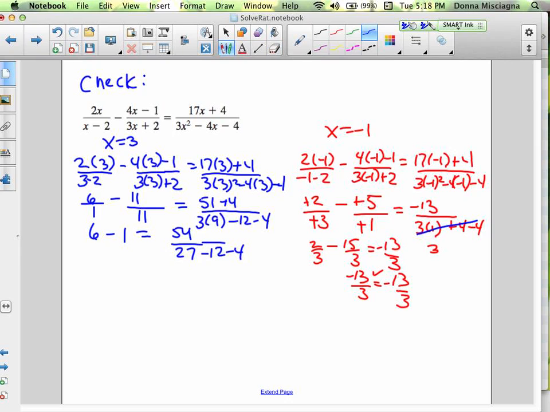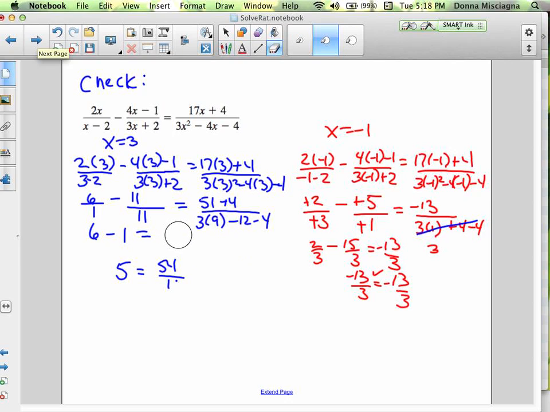So on the left-hand side, that's 5 equals 54 divided by, all right, so 27 minus 12 is going to be 15, right? And 15 minus 4 is going to be 11. That's even worse. Oh, 54. Since when is 51 plus 4 54? It's usually 55. So now we have 55 divided by 27 minus 12 minus 4.